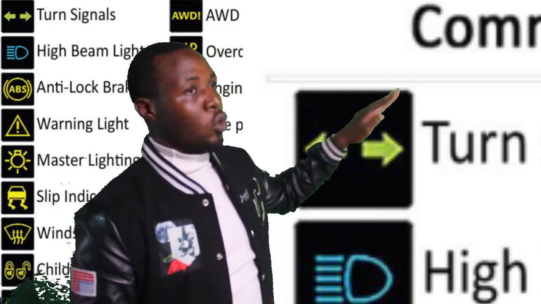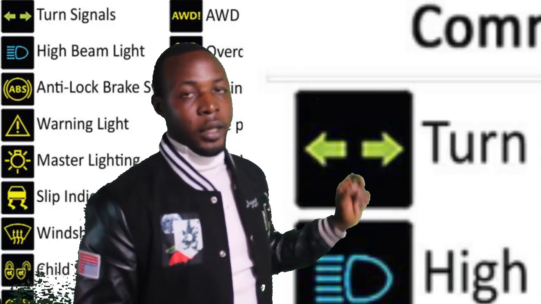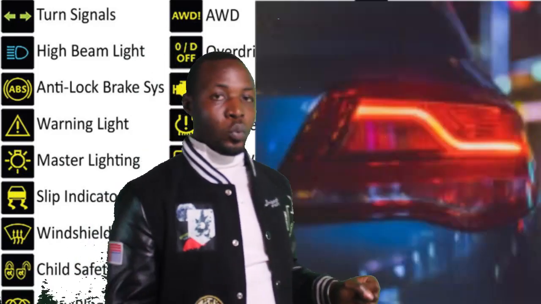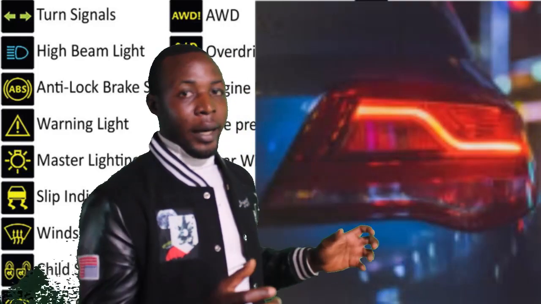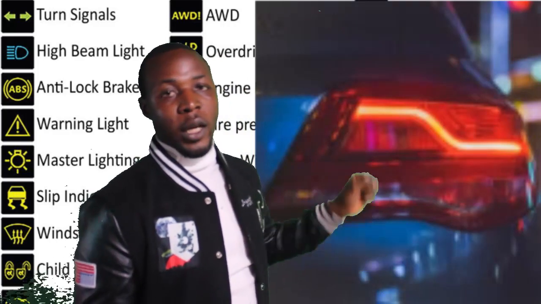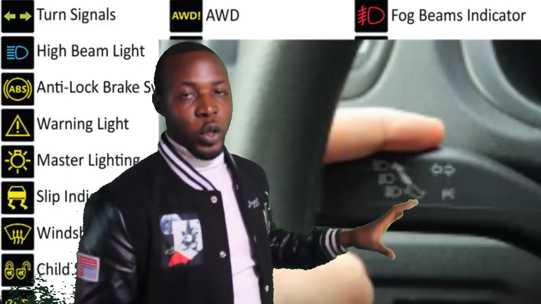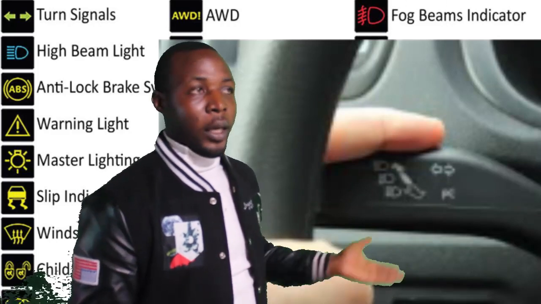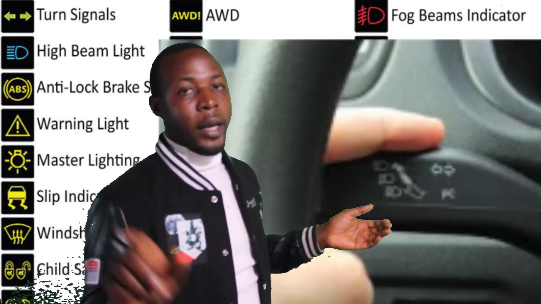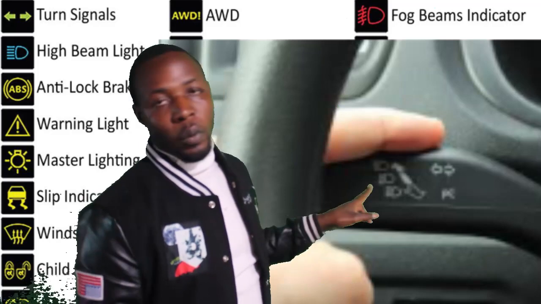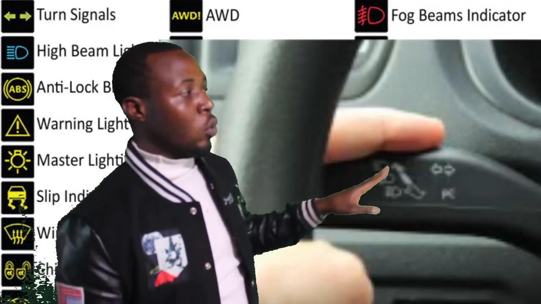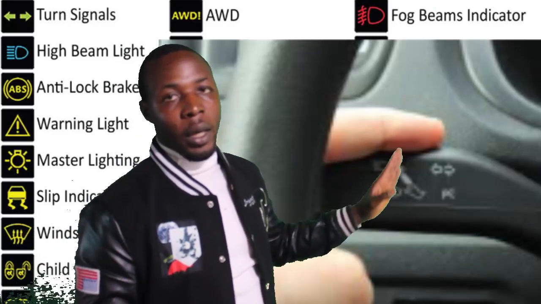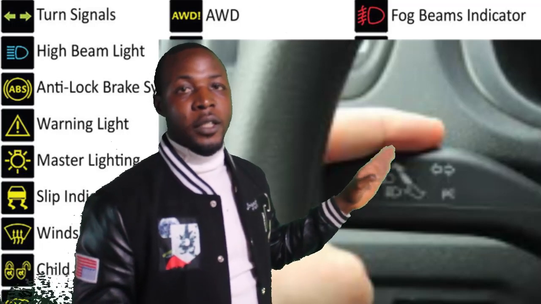It is always good you use your indication light. When driving, the switch of the light is always on your left hand. When you take it up, you are going to the right, and when you take it down, you are going to the left.